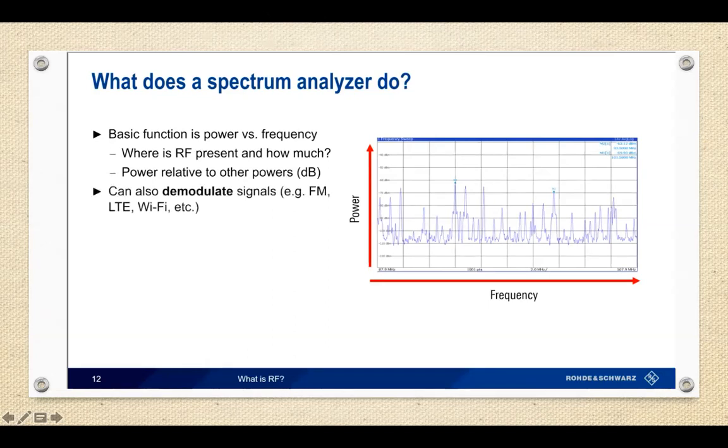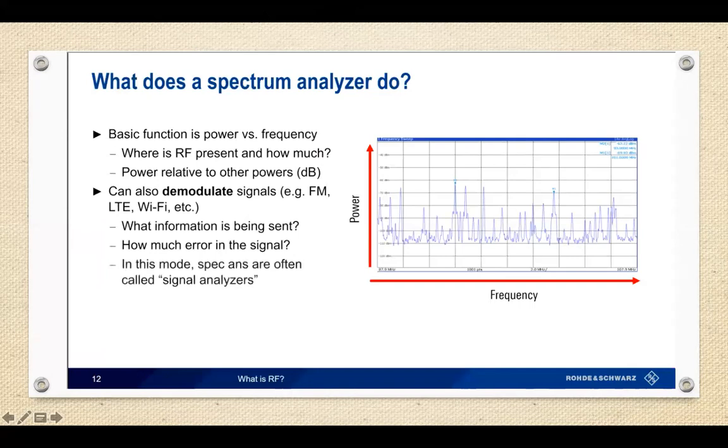These can be very basic analog signals like those used in FM radio, or it can be quite complex digital signals like those used in LTE, 5G, Wi-Fi, etc. Demodulation means extracting the information in a signal, but can also be used to tell us things like how much error or inaccuracy there is in a modulated or information-carrying signal. When a spectrum analyzer is used in this way, it's often referred to as a signal analyzer.